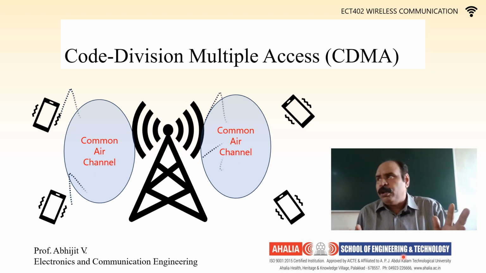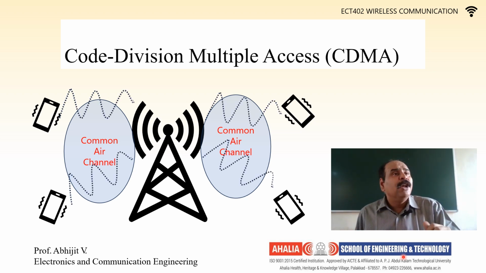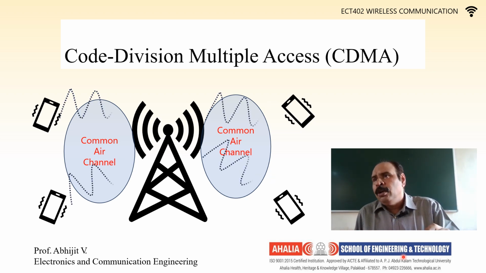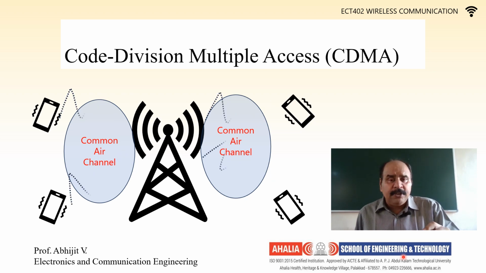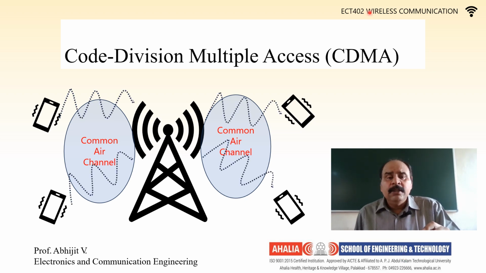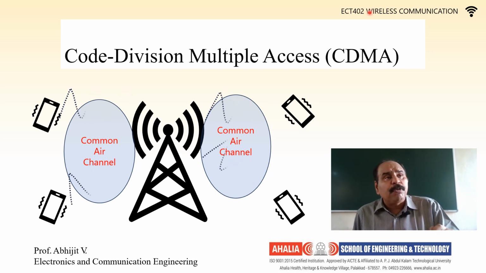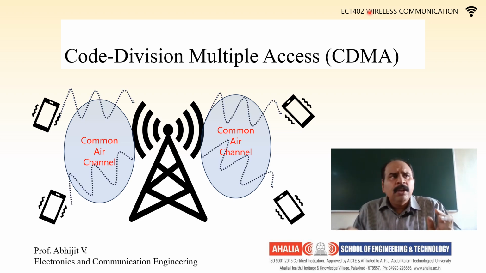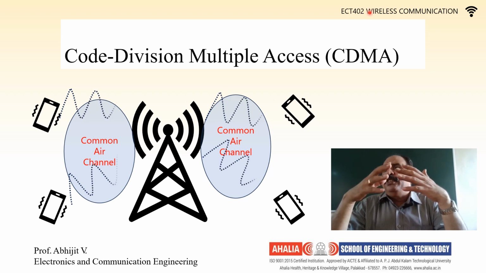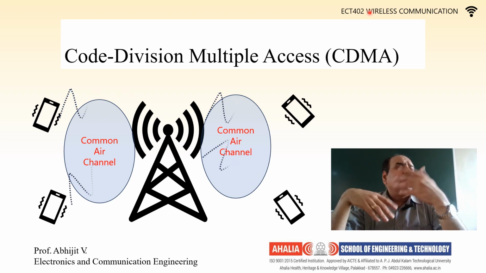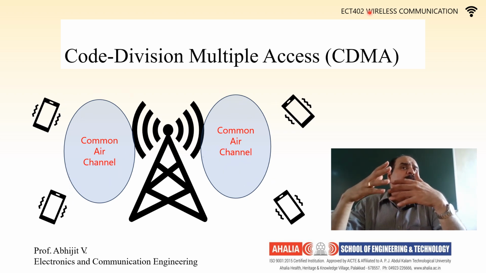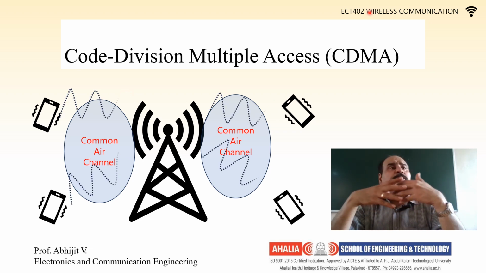We will be seeing more in detail about CDMA, or we are going to start studying what is code division multiple access. CDMA has so many superior properties and is widely used. In the first and second generation, the communication was limited by many conditions.